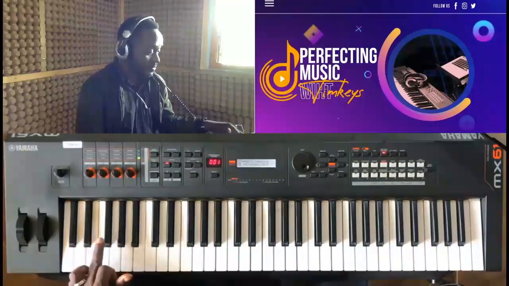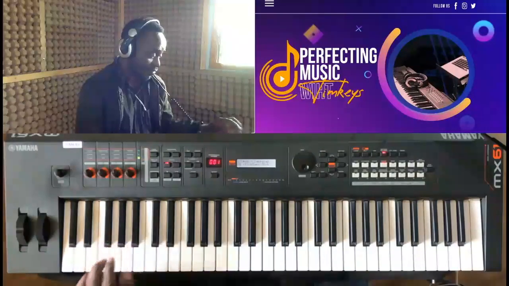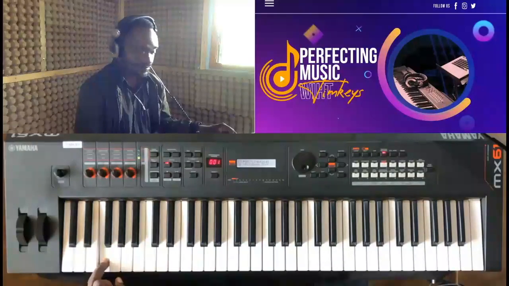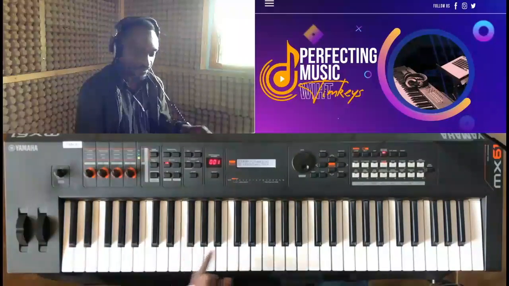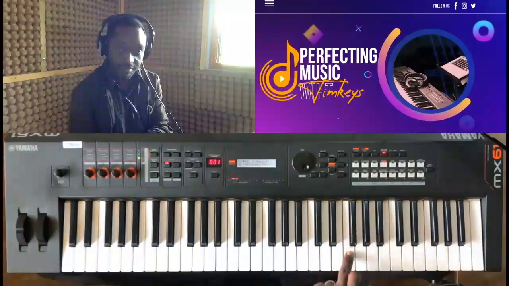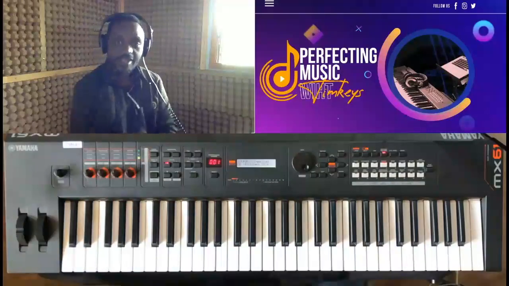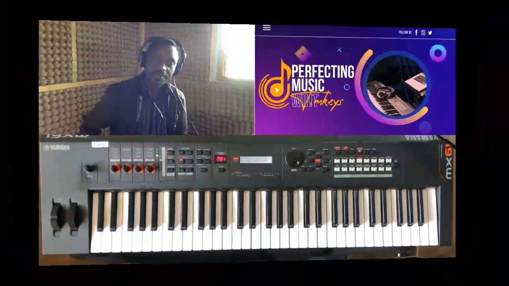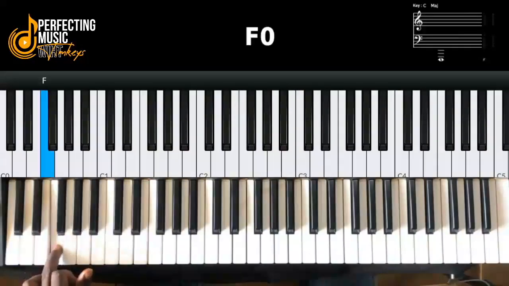So we have the first black note, the second and the third, the group. This is key F. You go to the three black notes, that is F. You go to these three, that is F. Now let's see if this agrees with us. You see those three, F. Look up there, you have F0.